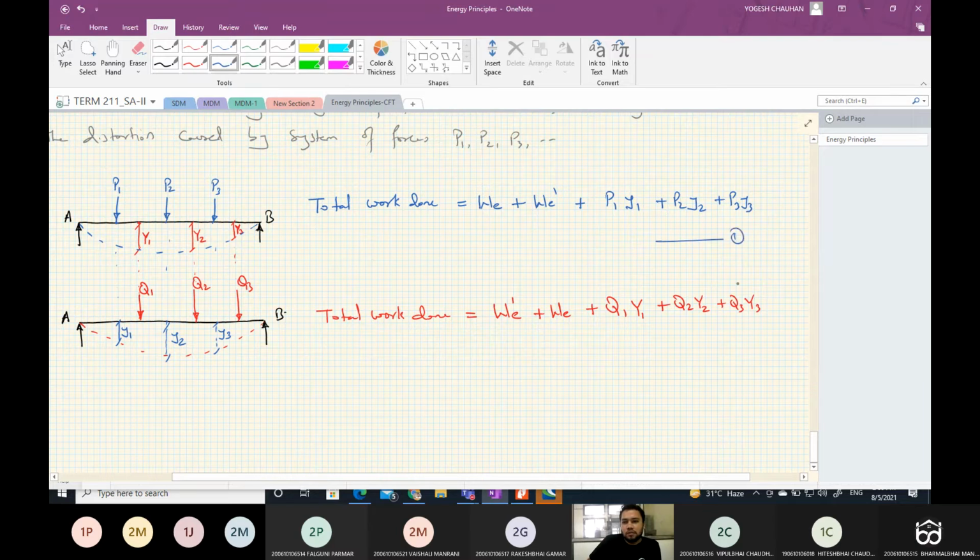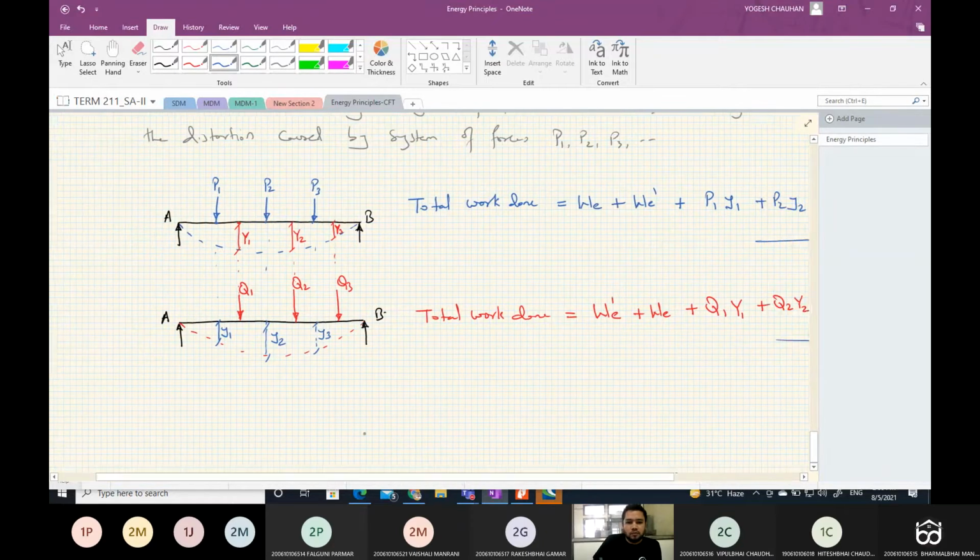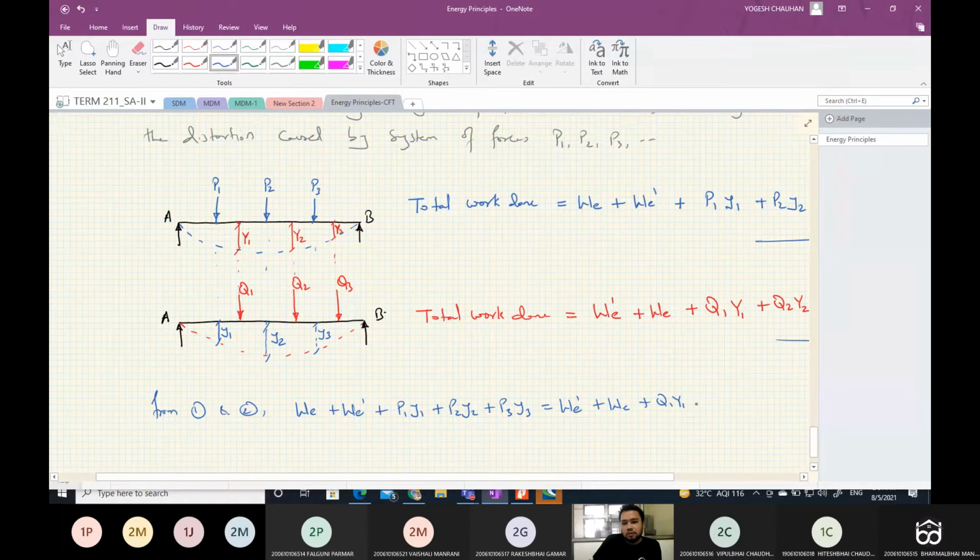Now mark this as number 1, this as 2. So from 1 and 2, we can write WE plus WE dash plus P1 Y1 plus P2 Y2 plus P3 Y3 is equal to WE dash plus WE plus Q1 Y1 plus Q2 Y2 plus Q3 Y3.